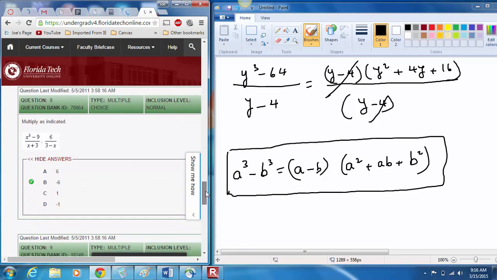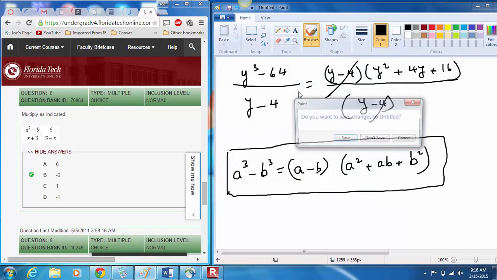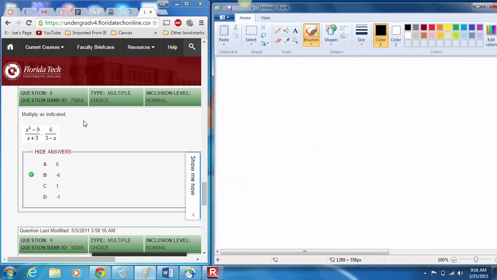The next one, multiply as indicated. We multiply straight across, but before we multiply, let's factor. So x squared minus 9, a difference of two squares, is x minus 3 times x plus 3, and the denominator is x plus 3, times 6 over.